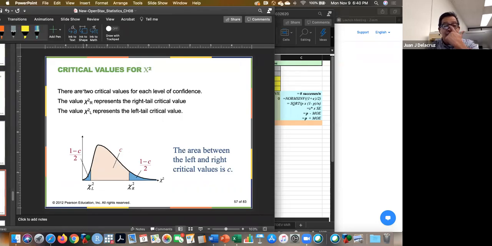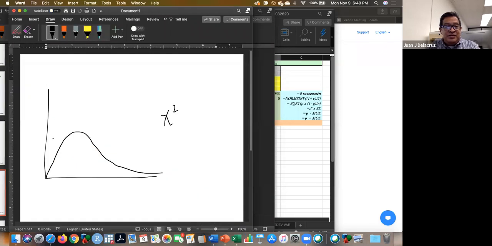So there are 2 critical values for each level of confidence in the chi-square distribution. We have the chi-square right, and we have the chi-square left. That's when things get a little bit critical, because we have the chi-square left, and we have the chi-square right.